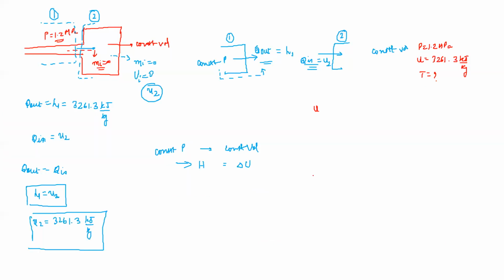So we can estimate the temperature: U minus UA, where U is the internal energy that we are finding, upon UB minus UA, is equal to T minus TA, where T is the temperature corresponding to this internal energy and TA is the lower limit temperature, upon TB minus TA.